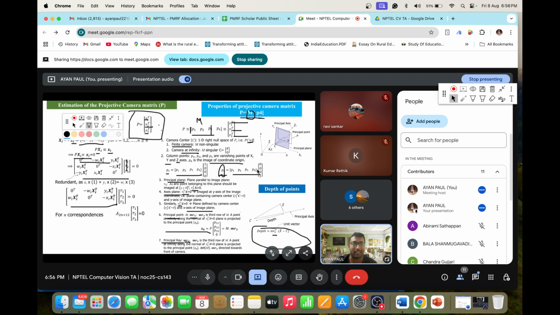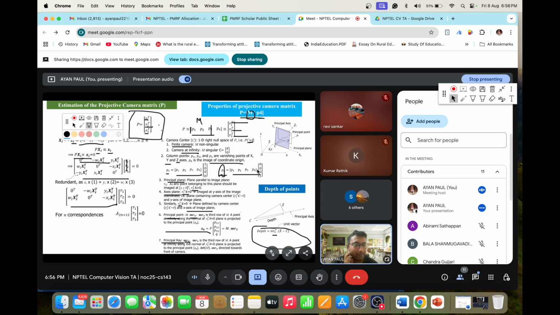So that is the thing. And for the depth of a point, we take MR3T and x minus c, where c is the camera center and x is your real point. If we take the dot product with MR3T, we can get the depth of the point. MR3 is nothing but the third row, and MR3T means the third row only.